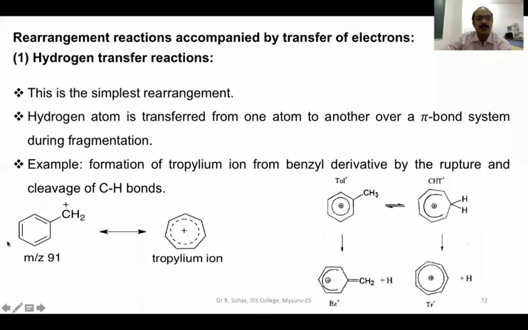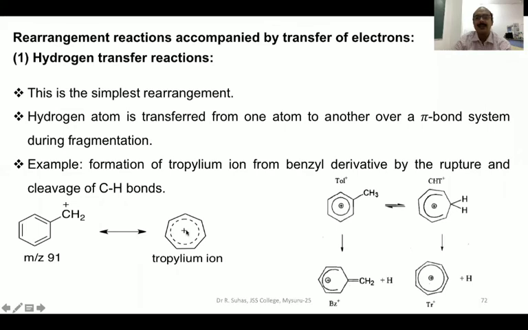So here this is the benzyl cation, whose m/z is 91, and this is highly unstable. As a result of that, the CH rupture will take place, and a rearrangement takes place. The CH2 which is out of the ring, as a result of the rupture and cleavage, becomes one of the components of the ring. So instead of a 6-membered ring, as one more carbon is added, we get a 7-membered ring, and this is charge stabilized.